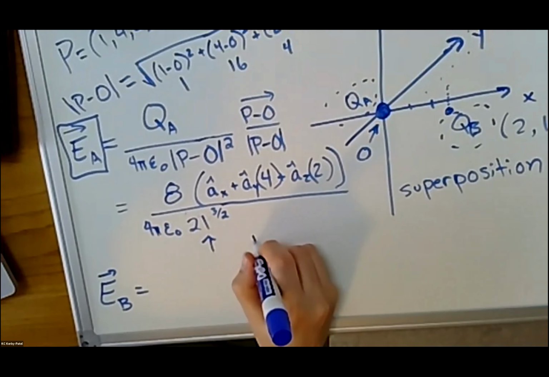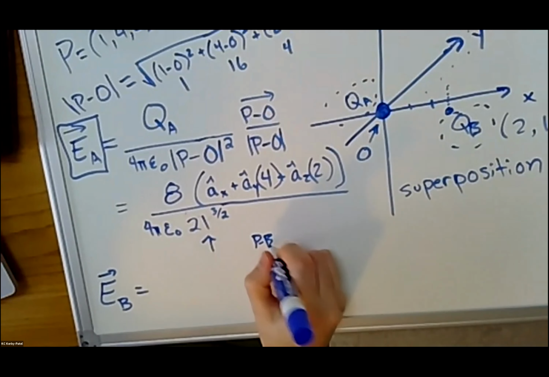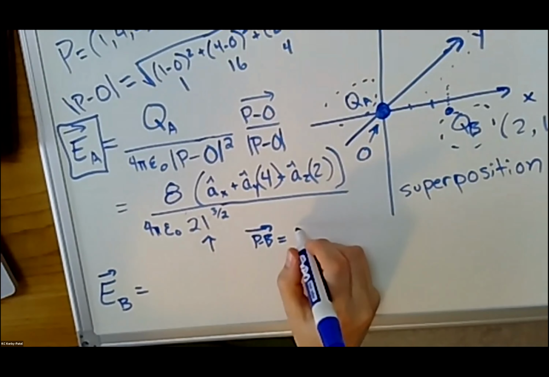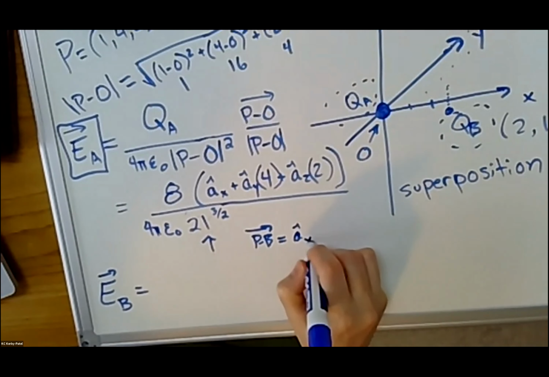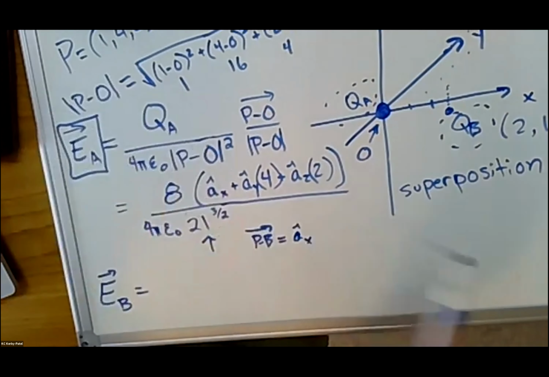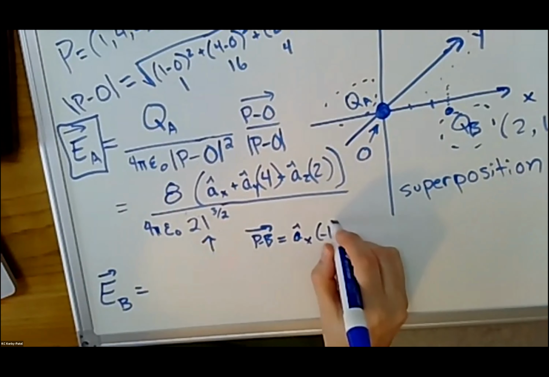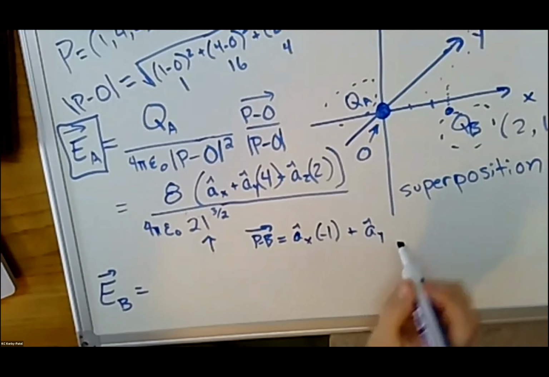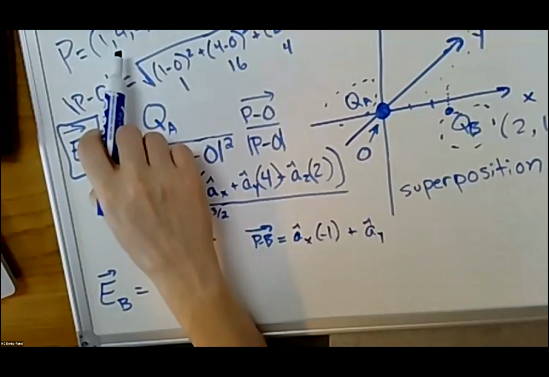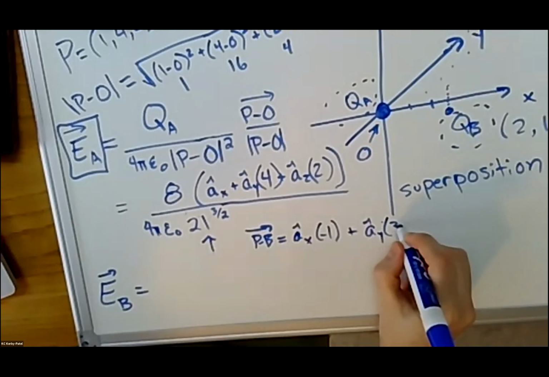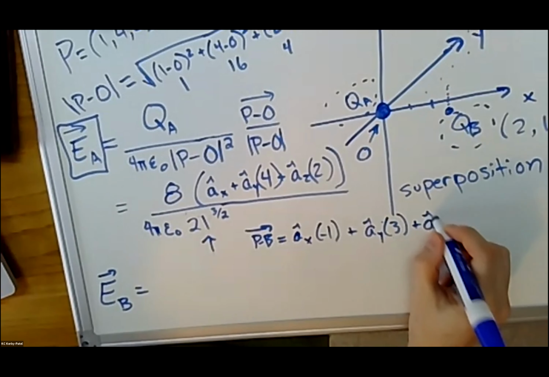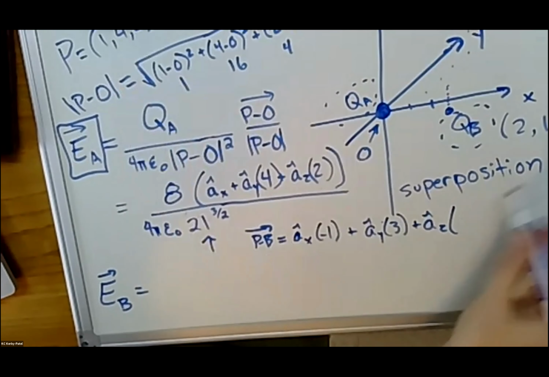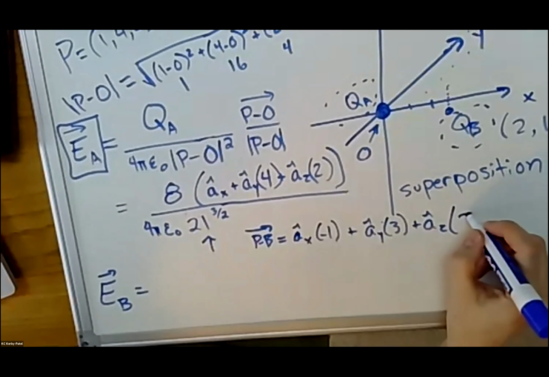But that vector P minus B is going to be equal to a hat x times 1 minus 2, so that is minus 1, plus a hat y times 4 minus 1, which is 3, plus a hat z times 2 minus minus 1, which is also 3.